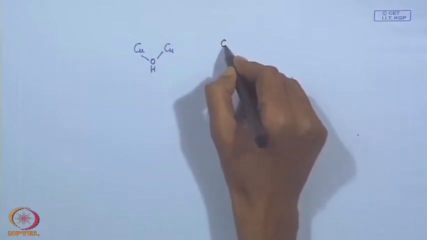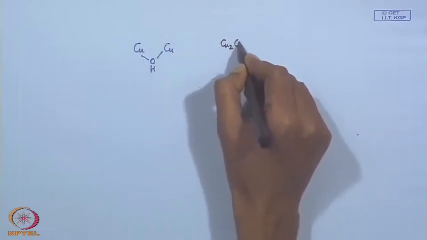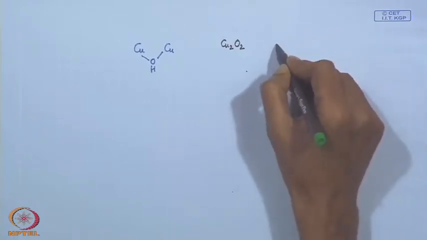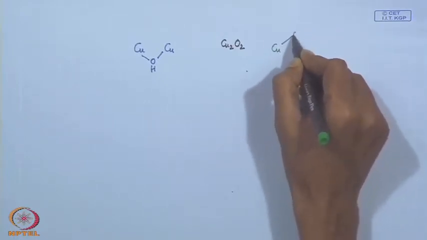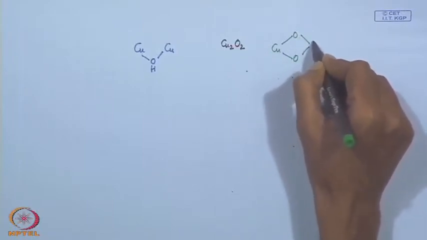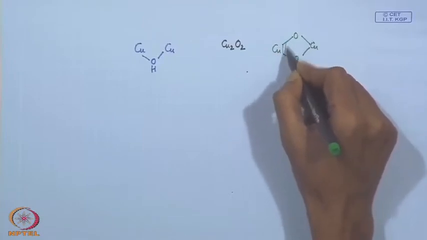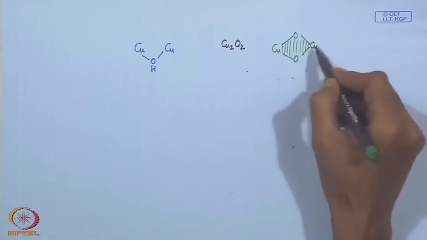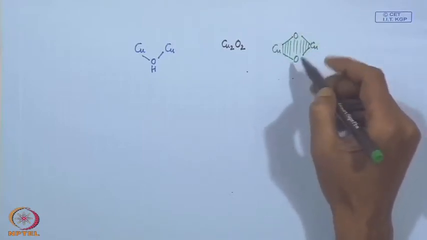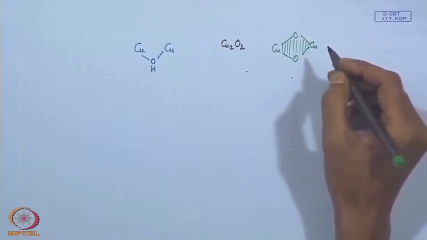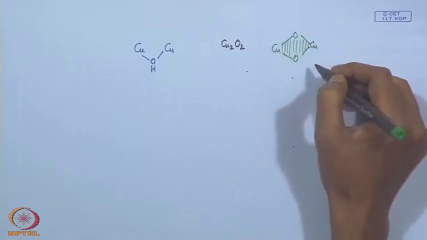Basically, what we get is a unit which is known as a Cu2O2 unit or a Cu2O2 core, where this is one oxygen of, say, phenol and this is another oxygen from the hydroxide unit. So, you get a typical diamond like unit. So, the Cu2O2 unit, this diamond like unit, is very important to know, because structurally we can know so many things out of this.